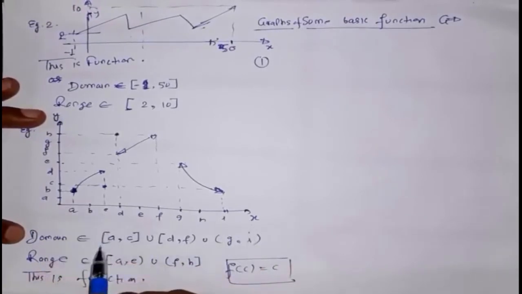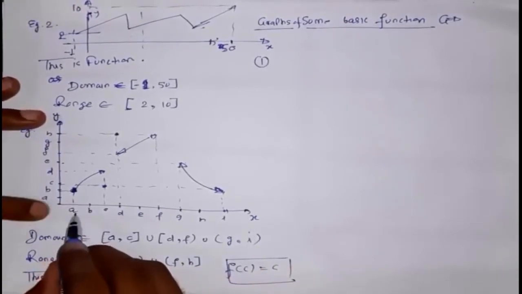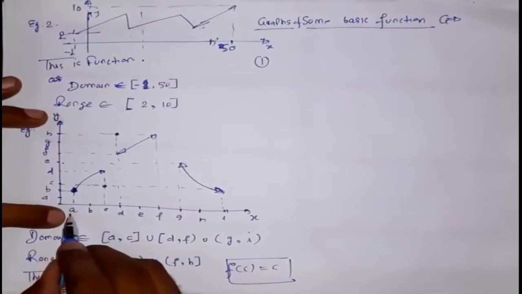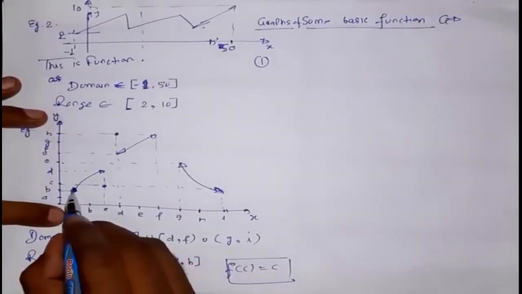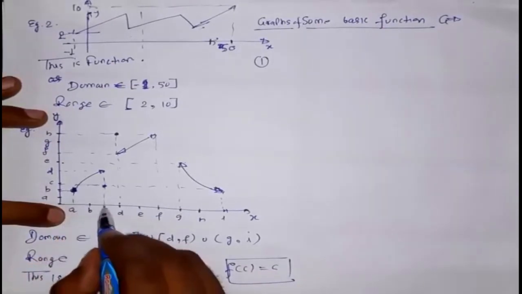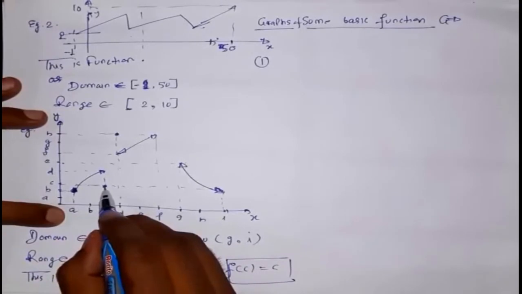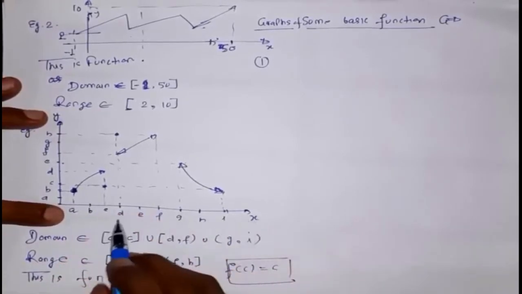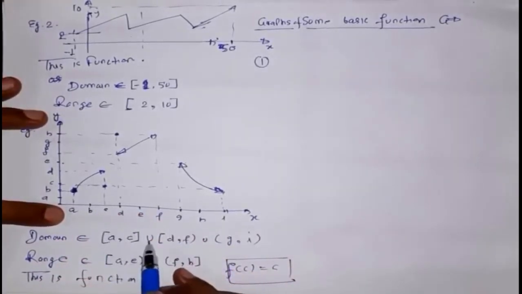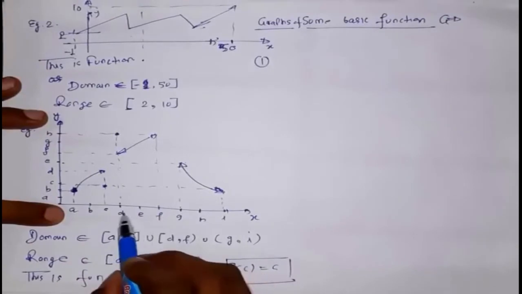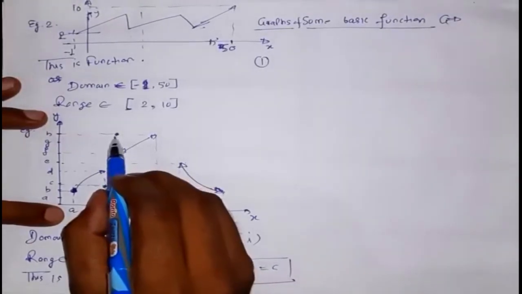As far as domain and range are concerned, the domain is the region along the x-axis where the graph exists. We start the domain from point A to C. I am including A because I have taken it as a dot, and C is also included because a dot is available here along the x-axis.